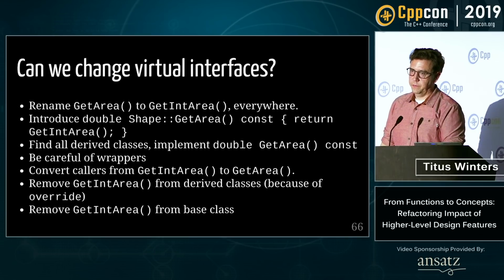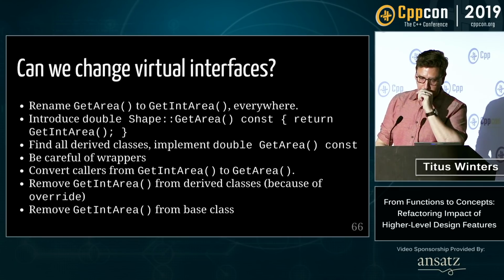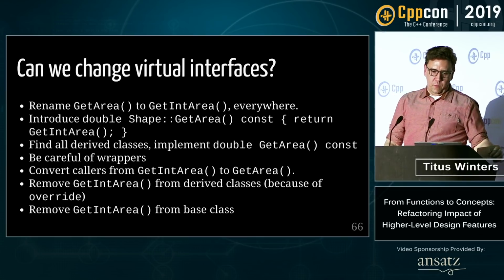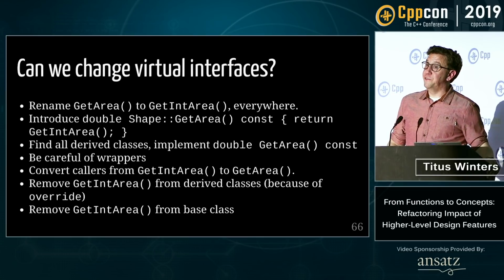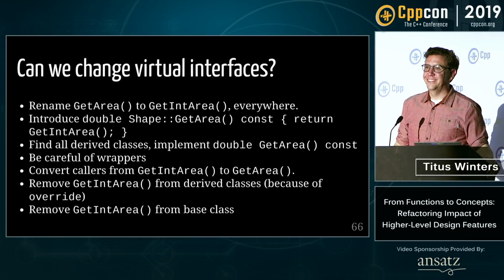Yes. But is your understanding also that if you had visibility, you could do these steps or their analogs and change the concept? Probably. And that first step, rename get area to get into area everywhere, even if you have visibility, is a very expensive thing on its own. Okay, and if you have scale, that is still very expensive. Yes. You don't have a good way to do that at scale.